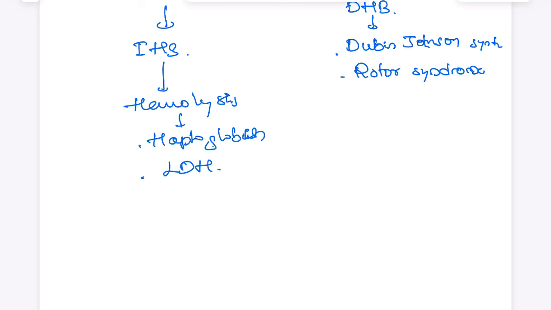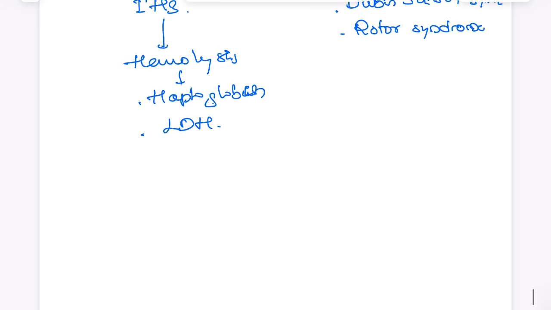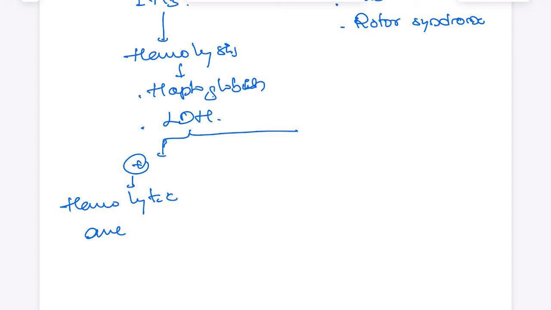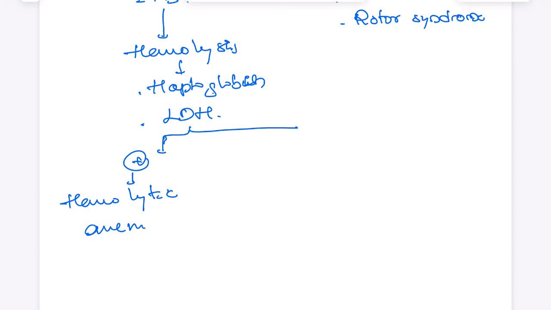When hemolysis is present, you have to work up for hemolytic anemia, because the indirect hyperbilirubinemia is due to hemolytic anemia.